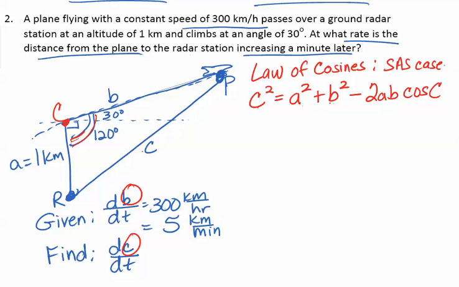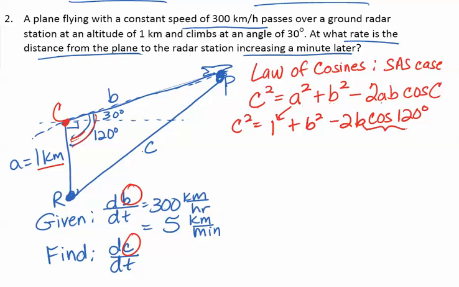All right, so there are some things that we can simplify for this problem, which make it a lot easier. We know that A is never changing. Side A is always 1 kilometer. And so we can put that in both cases here. So A becomes 1. And we know our angle is 120 degrees.